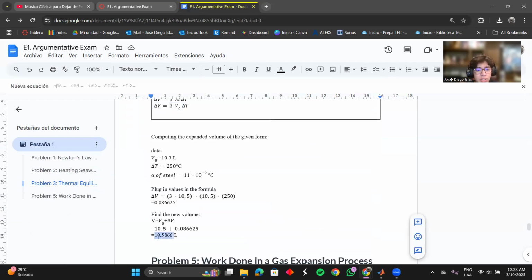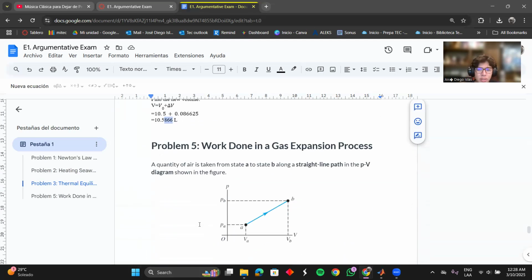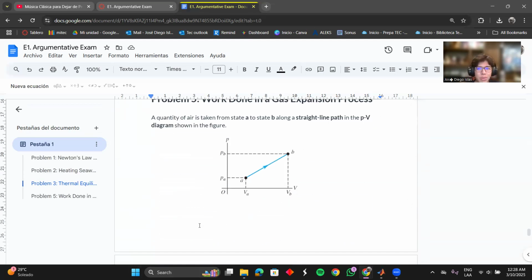Also notice that the amount it actually expanded is pretty much only this part. So someone could say that the volume increase after expansion isn't very big.